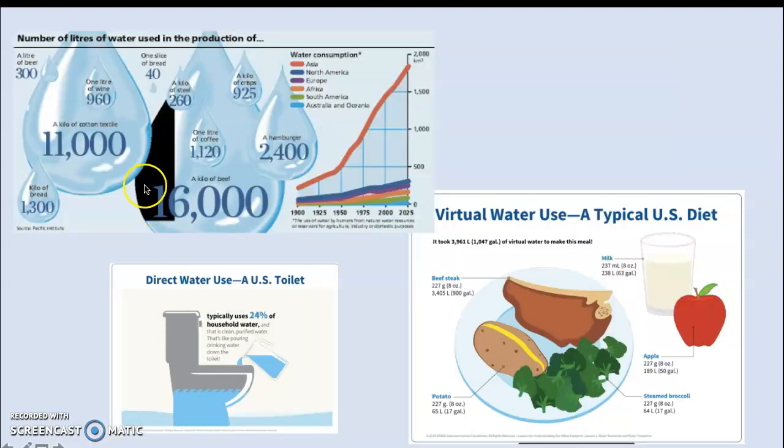Your virtual water use is a lot of different things, and depending on what kind of products and foods you eat, contributes to your virtual water use. But look at this big number right here. What is that? A kilo of beef. If you like to eat steak, and you guys, I do, that is how many liters of water it takes to grow a kilo of beef, which is a few pounds.